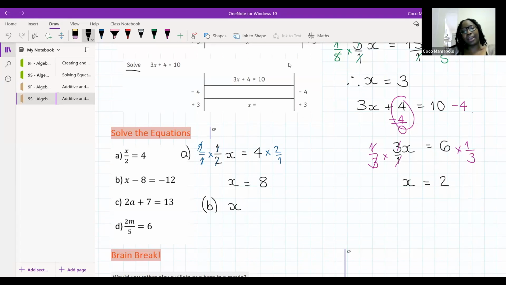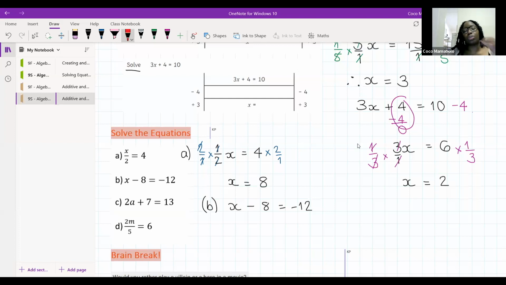I've got x minus 8 is equal to negative 12. So which inverse am I going to use? Ma'am, you're going to use multiplication. Not quite, my sweetie, because this 8 over here is being subtracted from x.